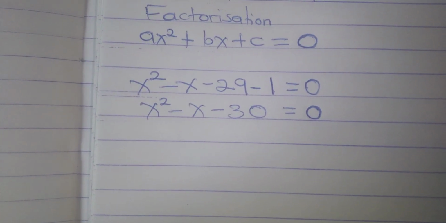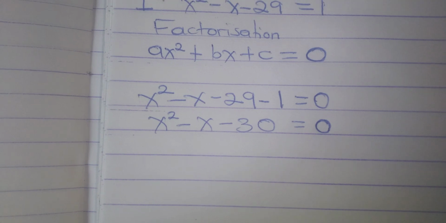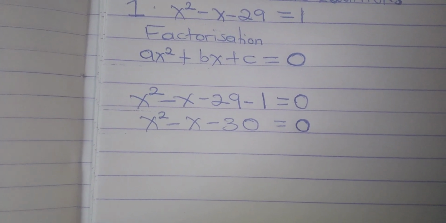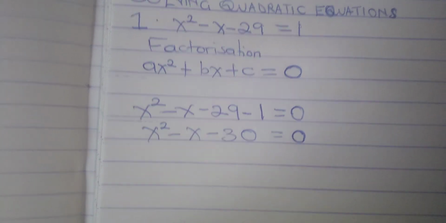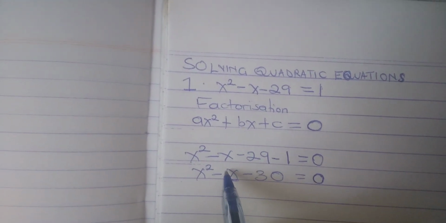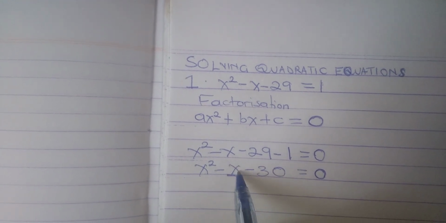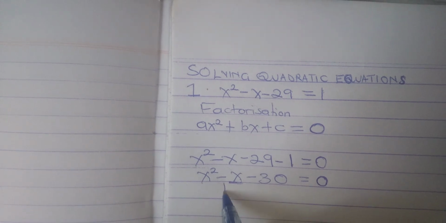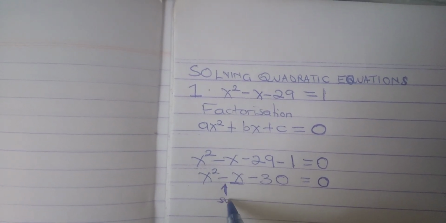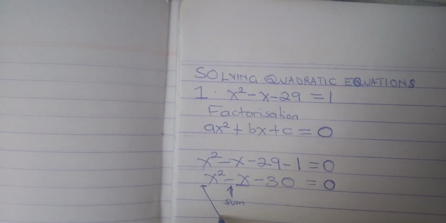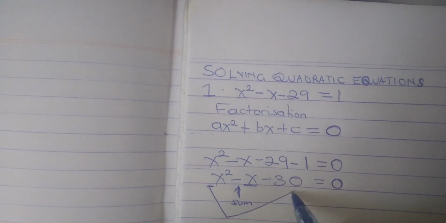We have said that when using the factorization method, we shall consider two aspects: always consider the sum and the product. The sum is always the coefficient of x, whereas the product is always the coefficient of x squared times the constant.